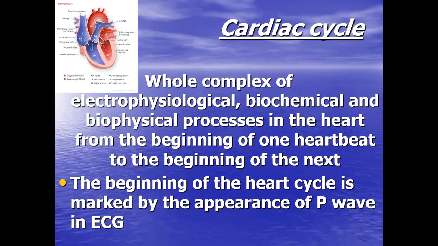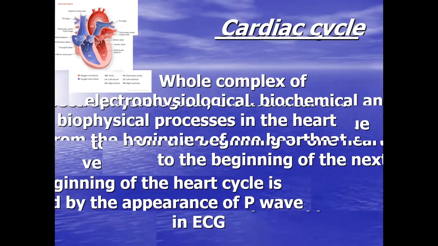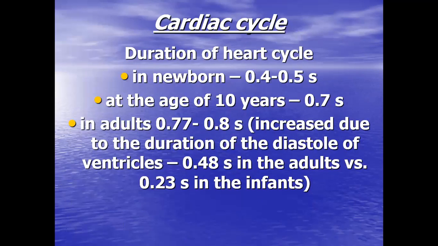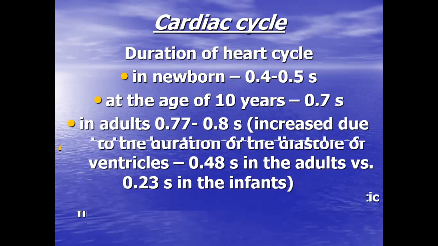And the beginning of the heart cycle is marked by the appearance of the P wave in electrocardiography. And I would like to tell you that the duration of the heart cycle in newborns is less than in adults, and in adults it is increased due to the duration of the diastole of ventricles.